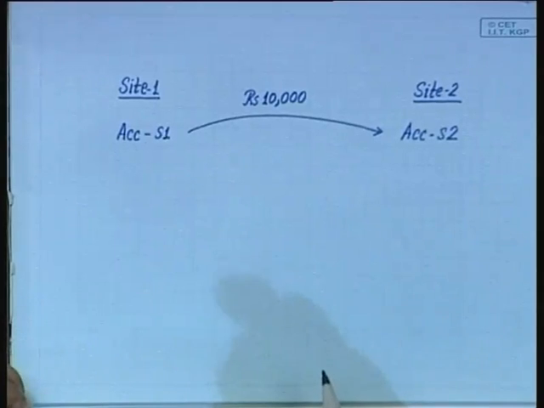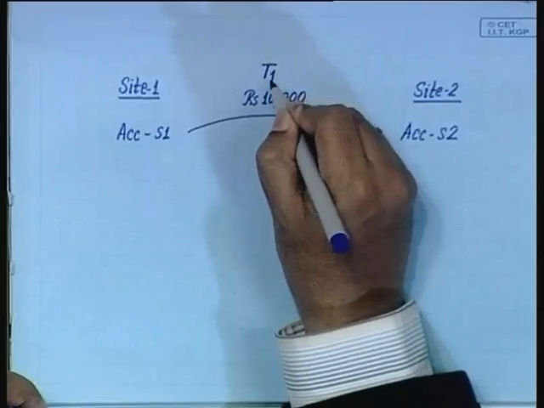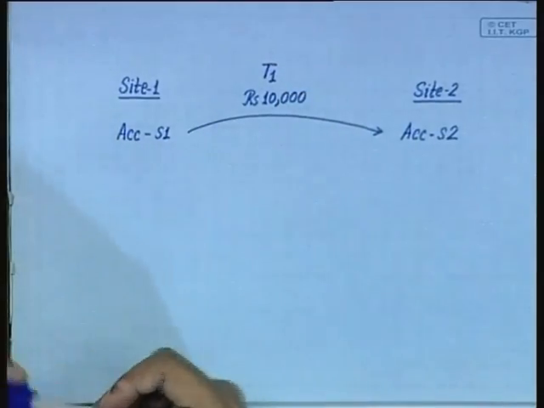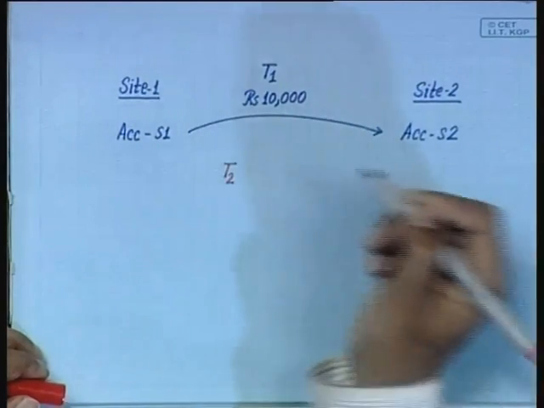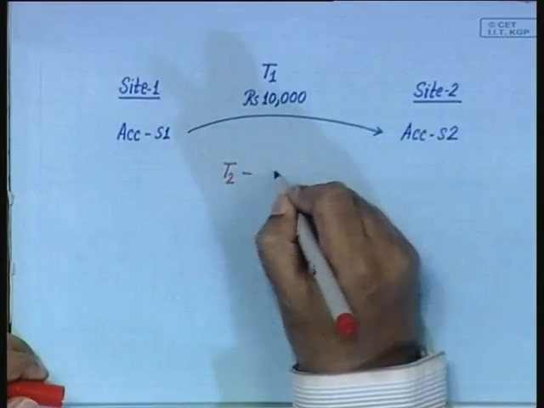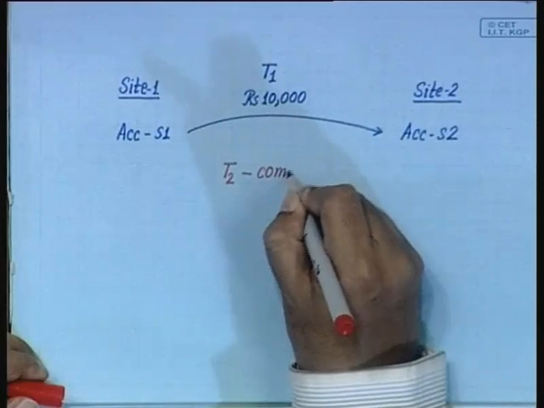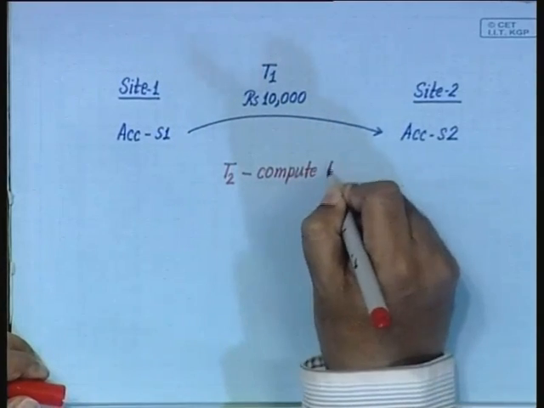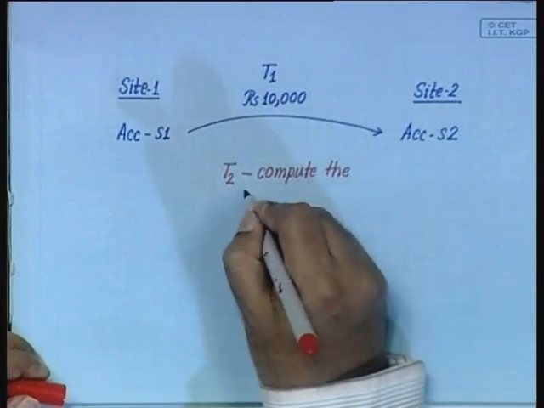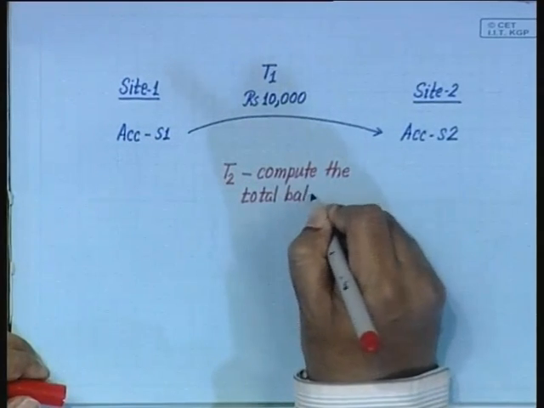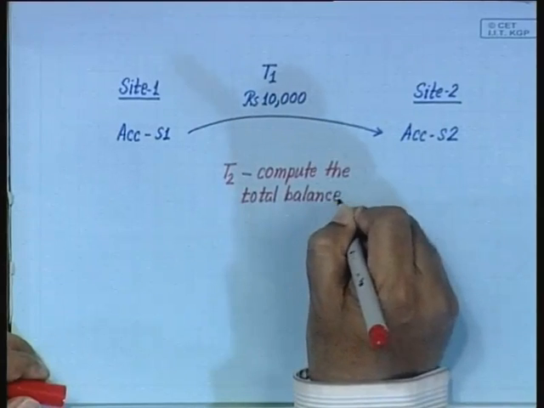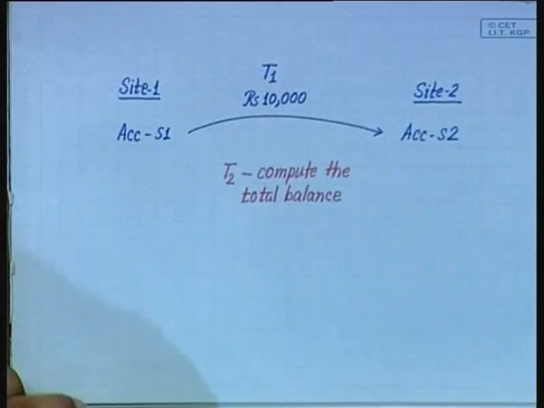At the same time, there is another transaction. So this is the transaction T1, and at the same time there is another transaction T2 which wants to compute the total balance of the two branches. Right.